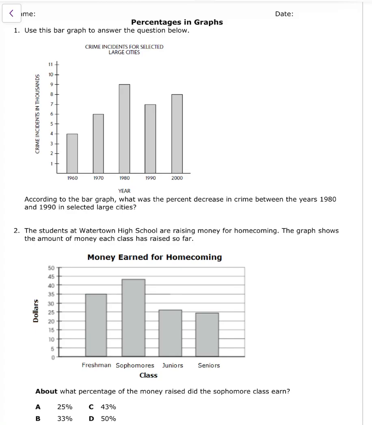and 1990? So we're specifically looking at 1980 and 1990, and we're doing percent decrease, so that means we're going to do the decrease over the original amount. So original would be 1980, and that looks like 9. Yep.